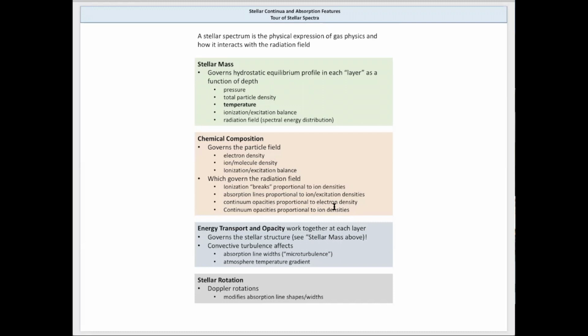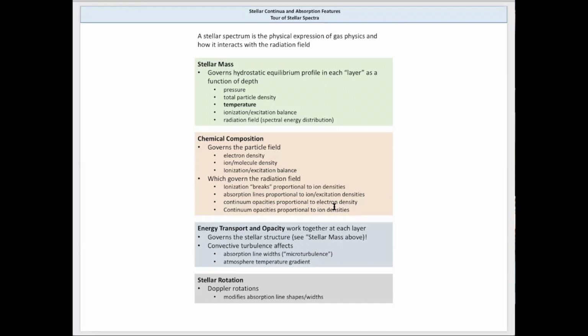We'll spend some time this semester talking about the H- ion. This is neutral hydrogen that has captured a free electron, which it can only do if there are free electrons in the gas, which means you have to have a partially ionized gas so that some free electrons are zipping around. Some of them get captured, and you have 2 electrons orbiting around a proton in what's called an H- ion.